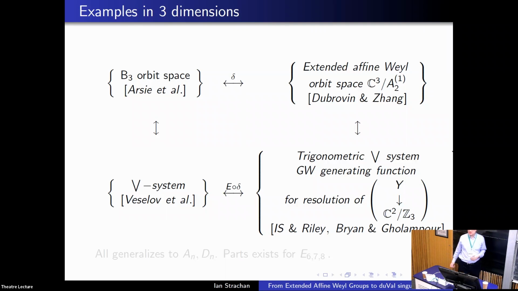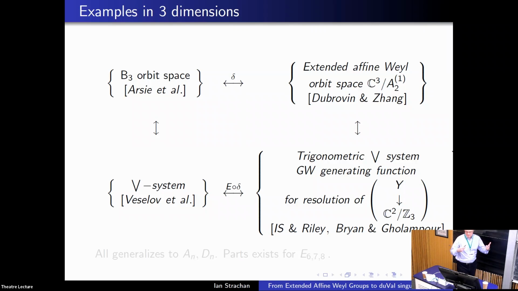It also appears as the Gromov-Witten generating function. So F contains the Gromov-Witten invariants of a certain resolution of a Du Val singularity C2 over Z3, which is work of Bryan and Gholampour.